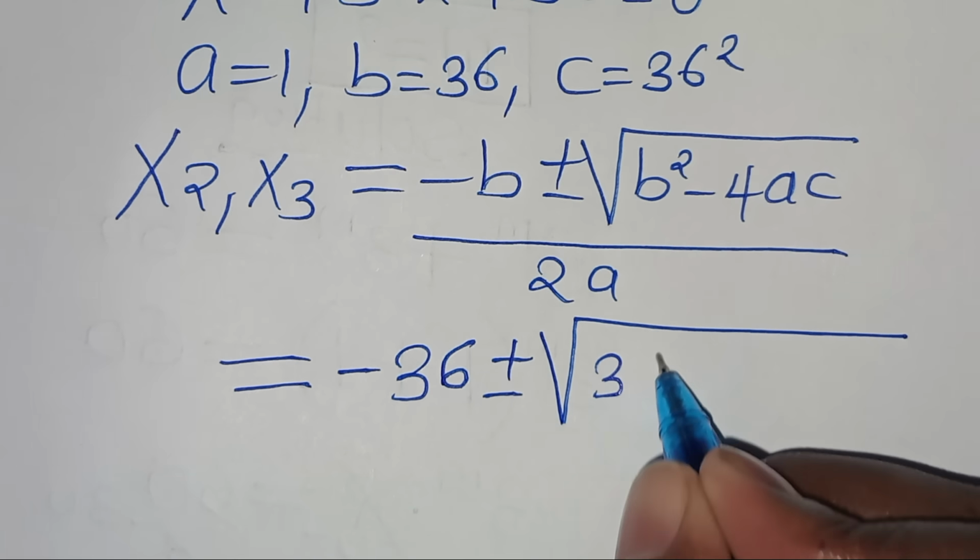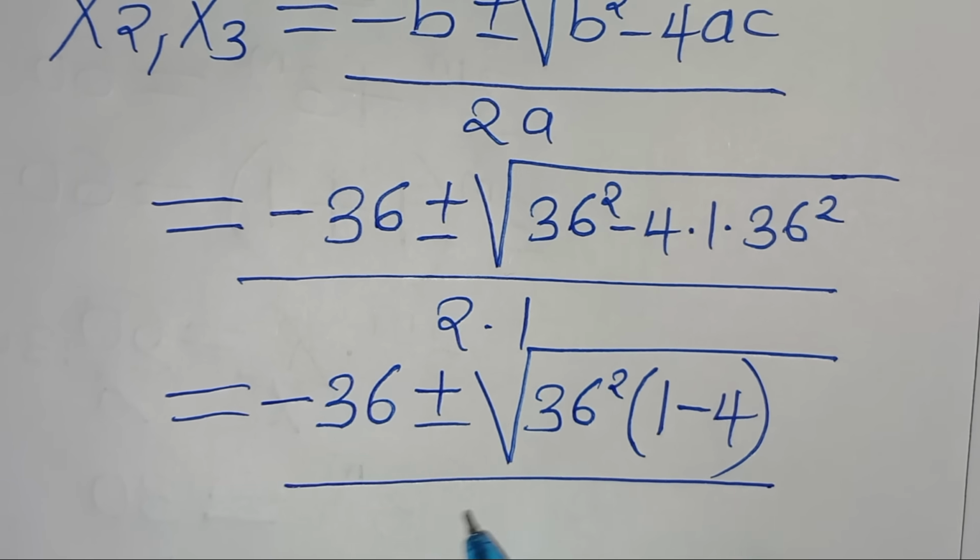So you can see that 36 to the power of 2 is common here, so we can factor out 36 to the power of 2, so that now here we have 36 to the power of 2 into the parentheses. This is the same thing as 1 minus 4, then divided by 2.